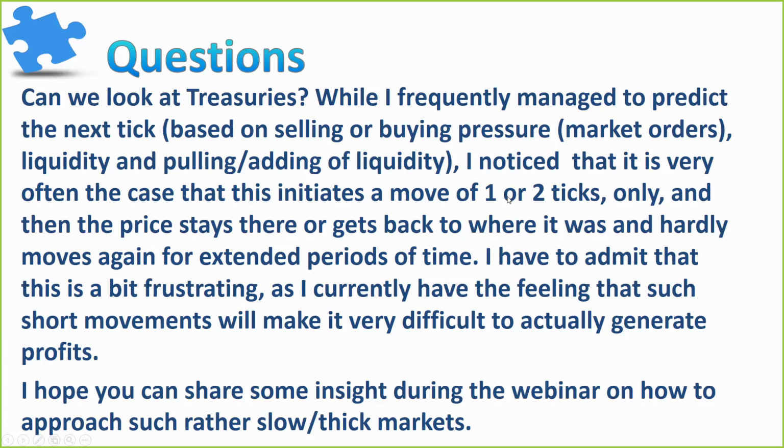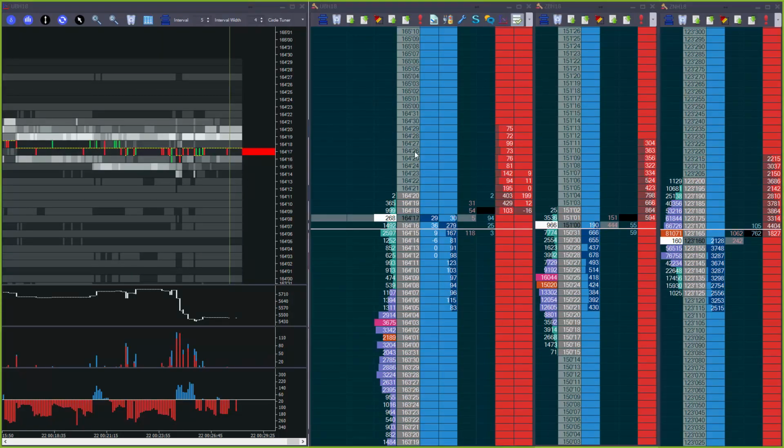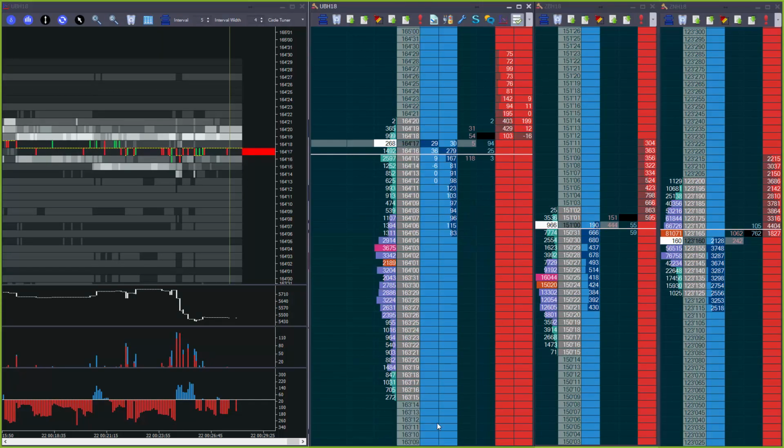I'm not an expert, and John Grady is really the person to talk to. But there's not a lot I can show you on treasuries that will get you big moves, unless you're looking at something like the ultra bonds. I think I've got the treasuries open. Okay, so we've got the ultra bonds here that have had a fairly decent day for their tick size.